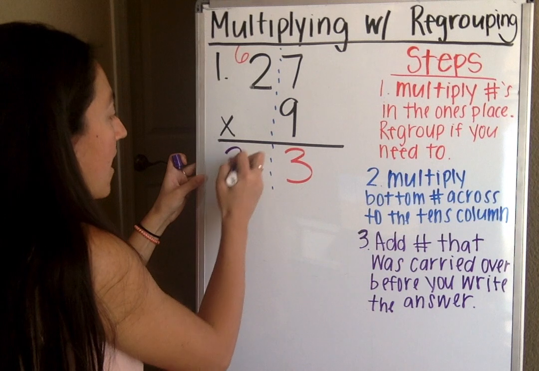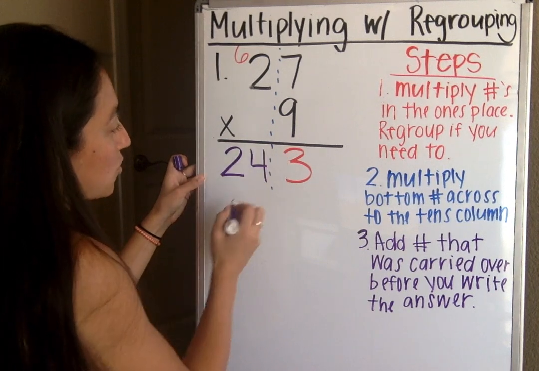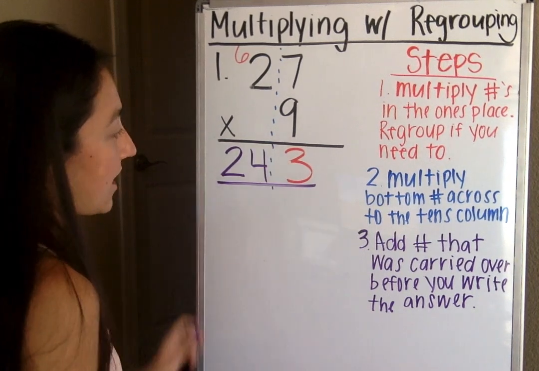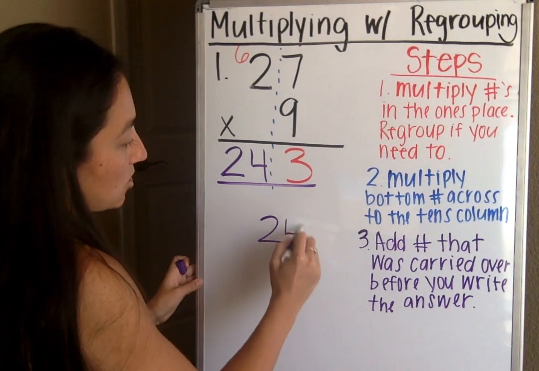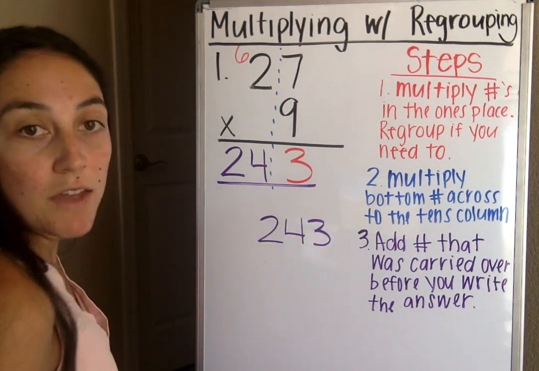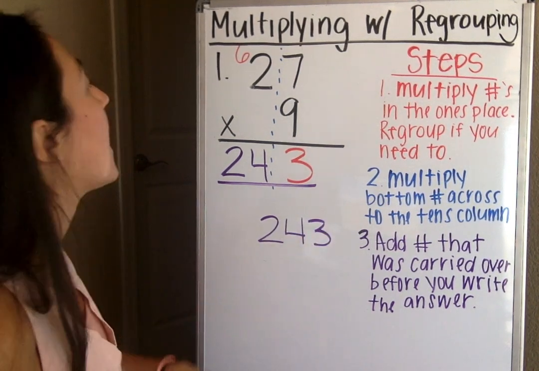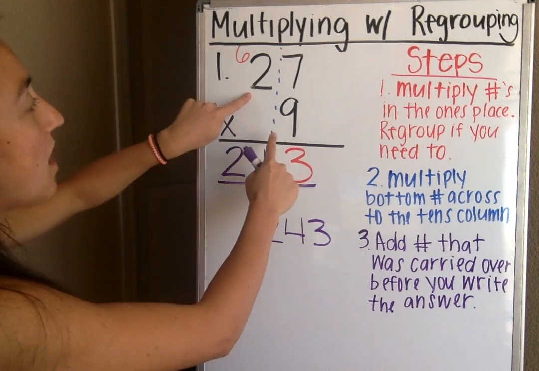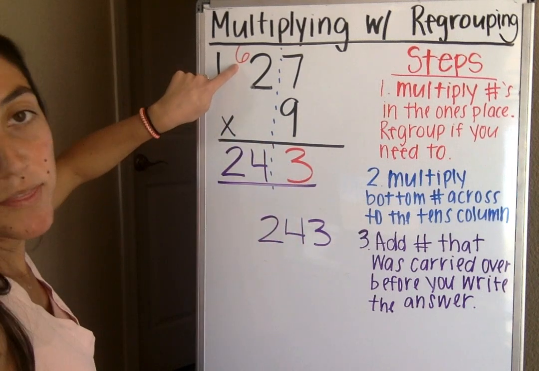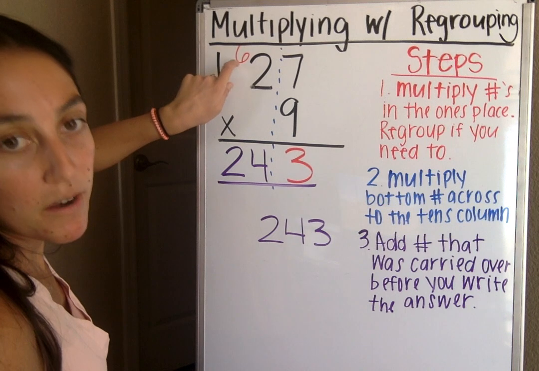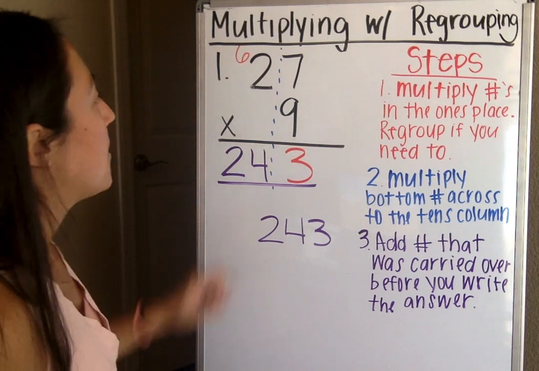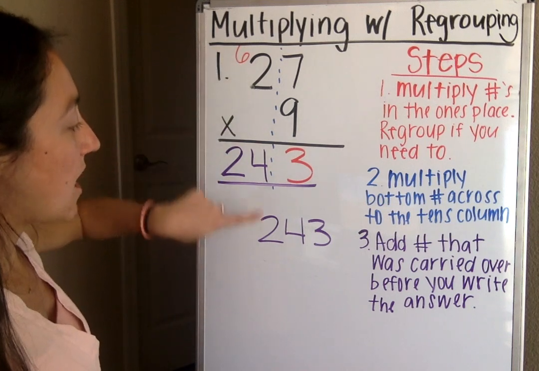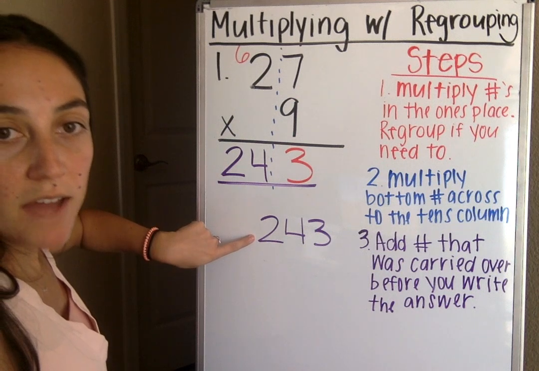So now I'm going to write 24 here, and my entire answer now becomes 243. So again, you multiply across, but you cannot forget to add this little guy up here. Very, very important. So 27 times 9 is 243.